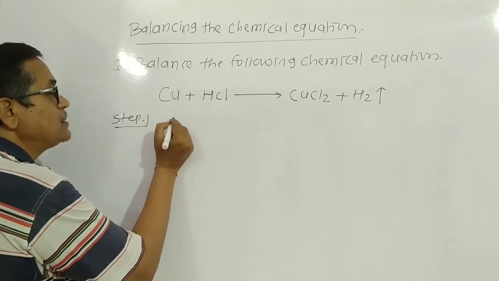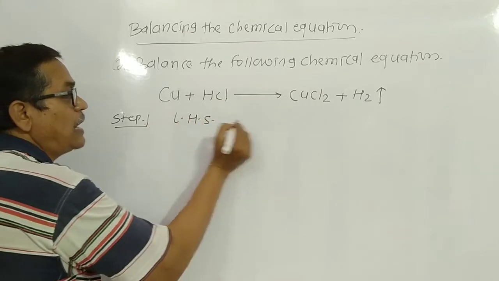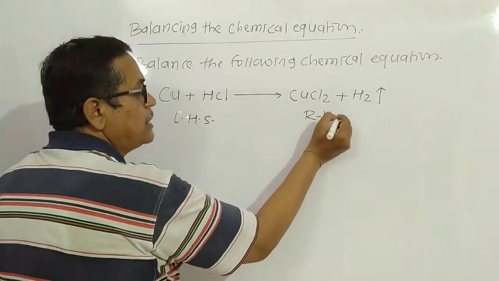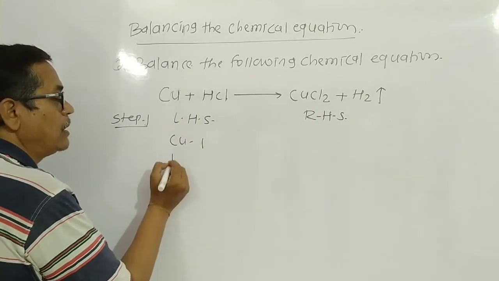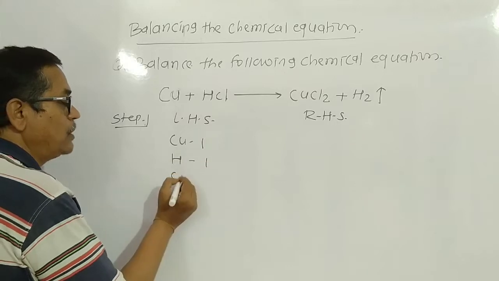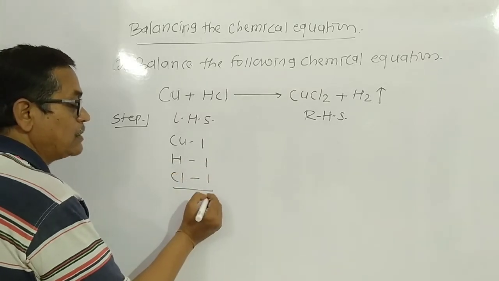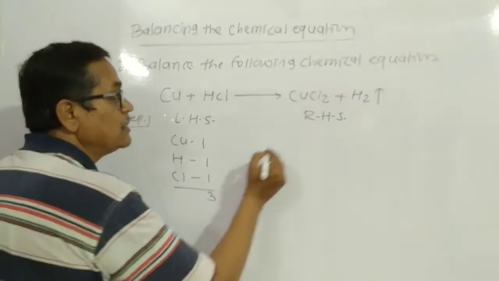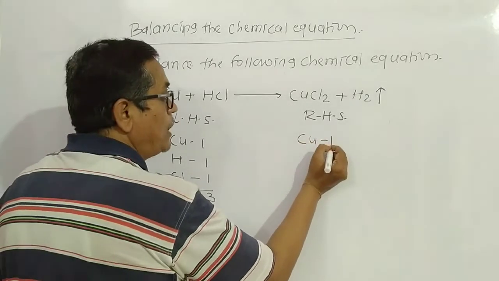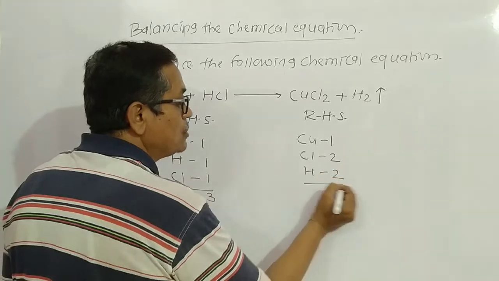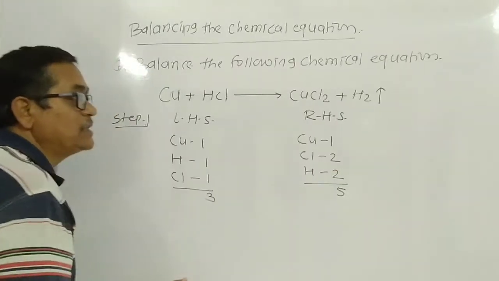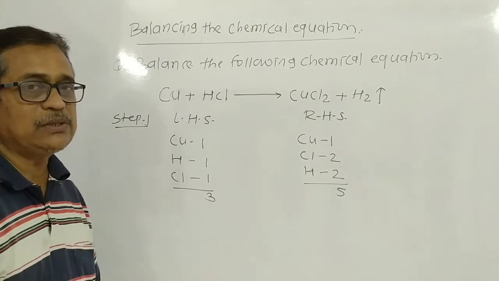Here on the LHS: copper 1, hydrogen 1, chlorine 1, that is 3 atoms. On the RHS: copper 1, chlorine 2 and hydrogen 2, that is 5 atoms. This means the equation is unbalanced.